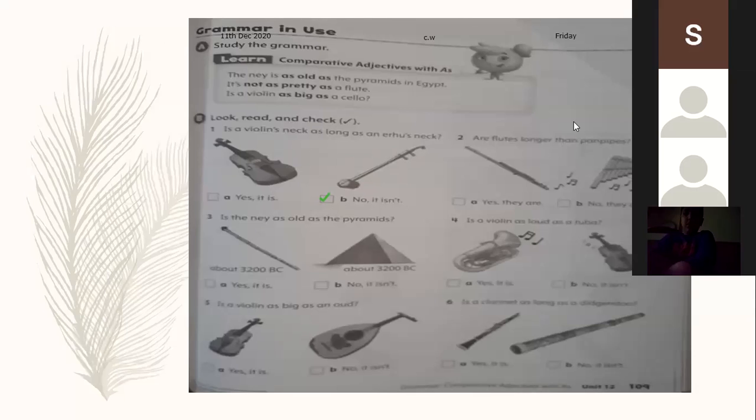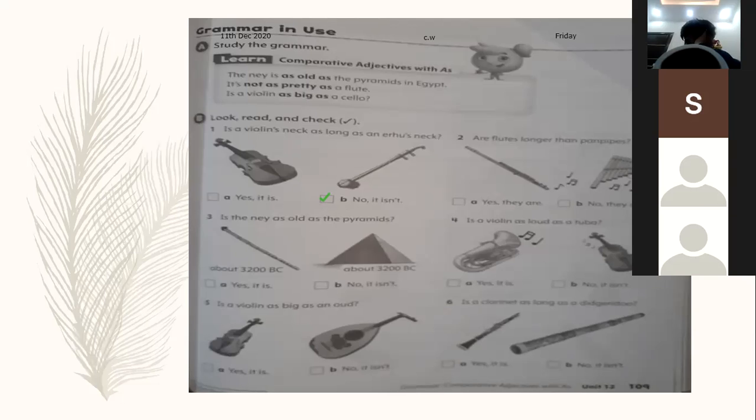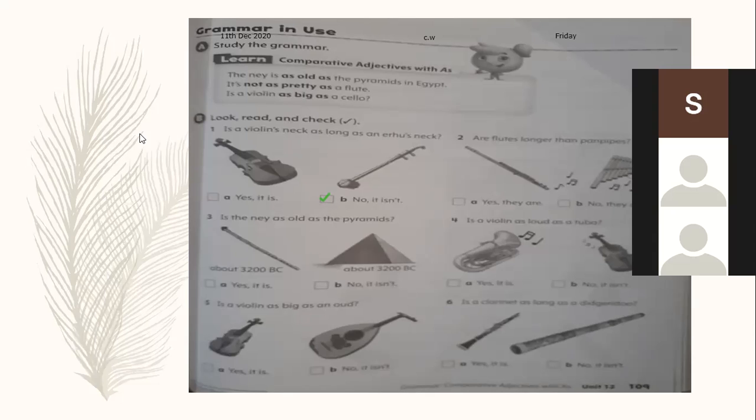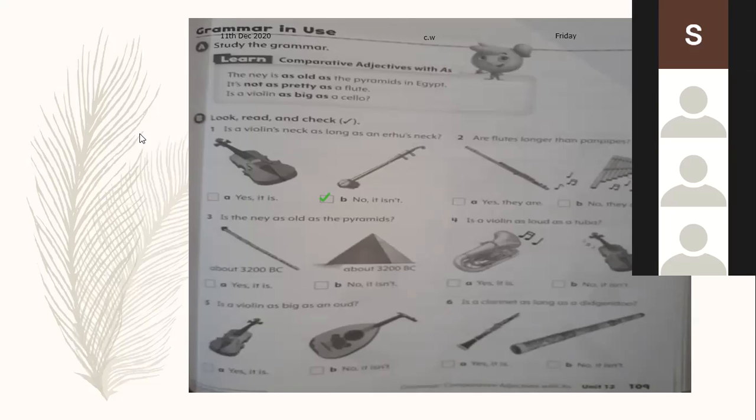Okay, now who will tell me the answer of number 2? Are flutes longer than panpipes? Yes, they are, or no, they aren't. Yes, Ibrahim Fezan. Okay, Muhammad Inshal, you tell me, beta. Ma'am, I can't hear you.